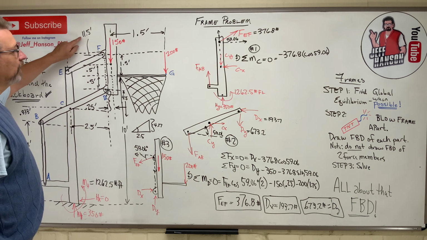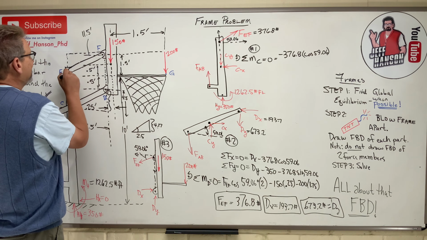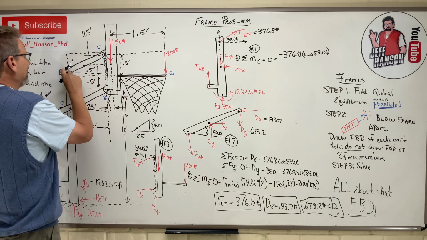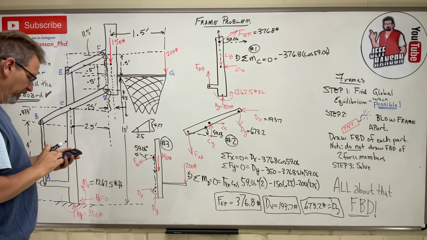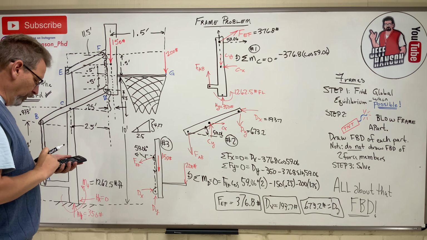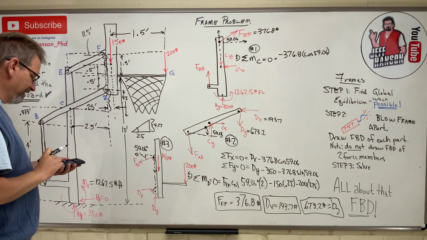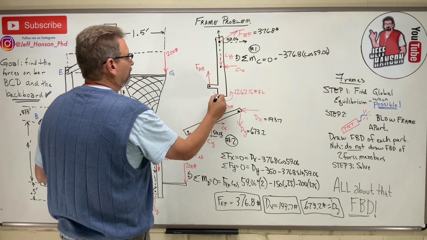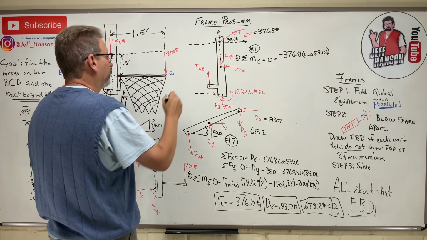Since we know that's 11.5 feet, don't we know it's 4.17 off of that down to point E, right? So 11.5 minus 4.17 will give us the distance from here to here of 7.33.